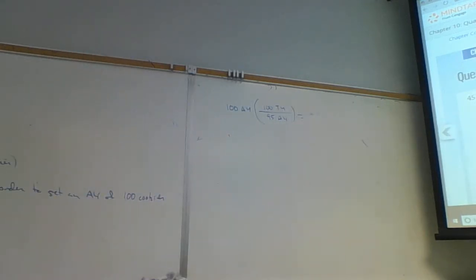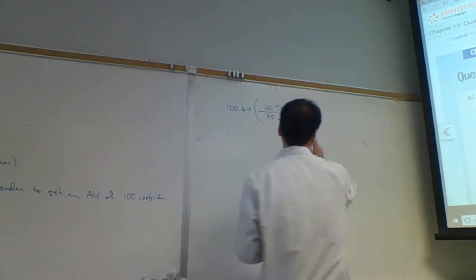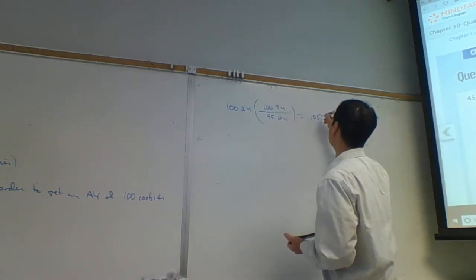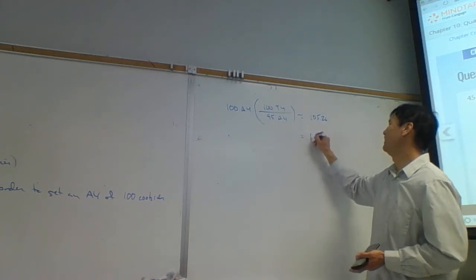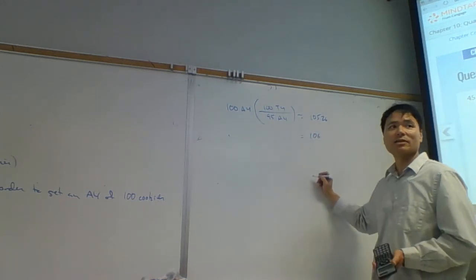We're going to put units on these, like grams or whatever else. So what is that going to give me? 100 times 100 divided by 95. I need to have 105.26. So I'm going to need to prepare 106 cookies or something like that, right?